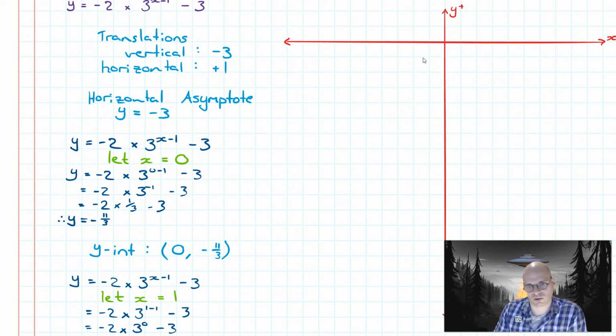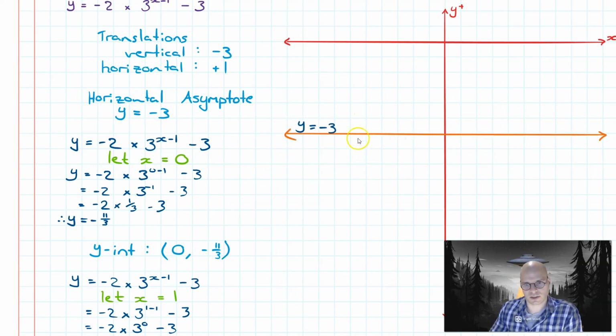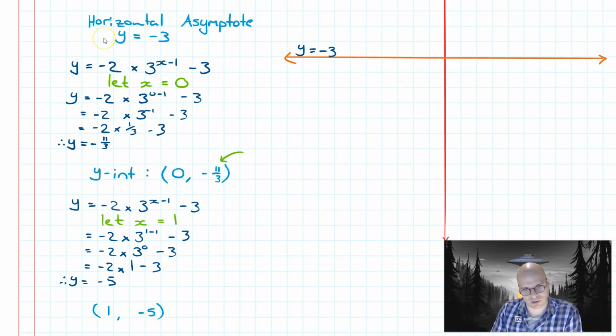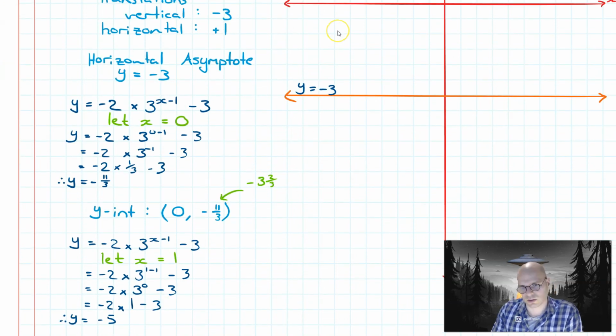Then I'm going to sketch in my asymptote. And now I'm going to put in my plots. So that is going to be -3 2/3, which will allow me to put it on the number line a little bit easier. So at 0 and -3 2/3, so this is -3, this is -4.